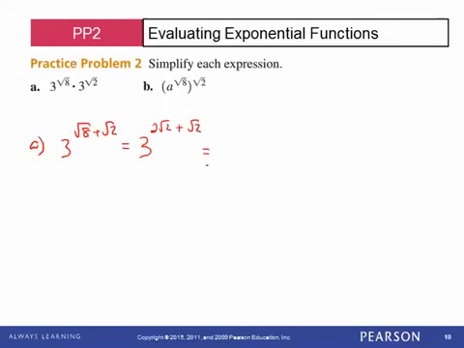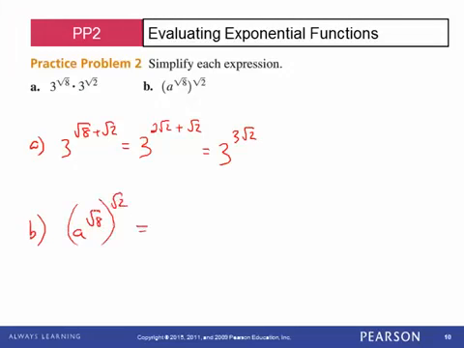Now we can add these together because I have the same exact radical. We call them like radicals. So 2 radical 2 and another radical 2 make 3 radical 2's. There's my simplified version.